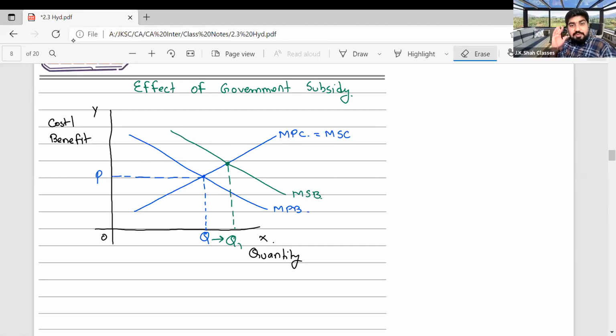Let me know if you have understood everything nicely. Sure, complete this diagram, please, and then we go ahead.